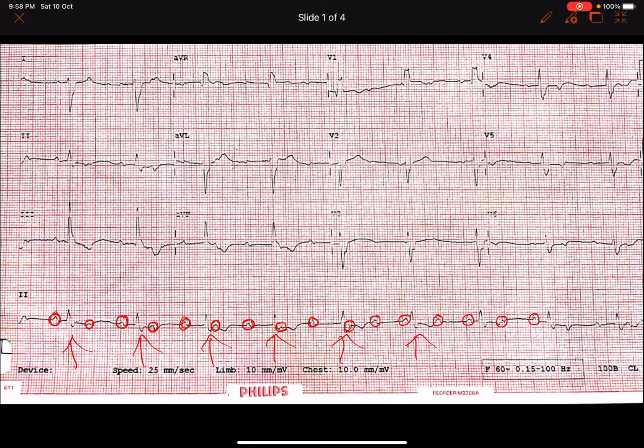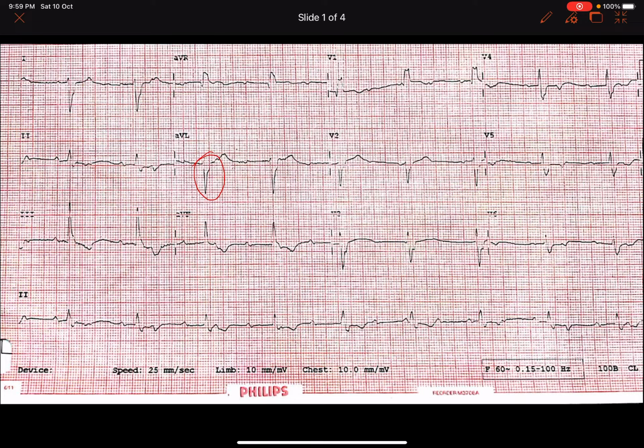Some people have a different school of thought, that it is a trifascicular block. Remember what a trifascicular block is: when there is a bifascicular block with a prolonged PR. Many people opined that this is a left posterior hemiblock, which means positive leads in inferior leads and a negative lead in aVL, along with an RBBB type of pattern.